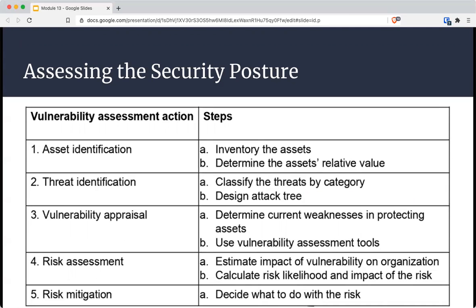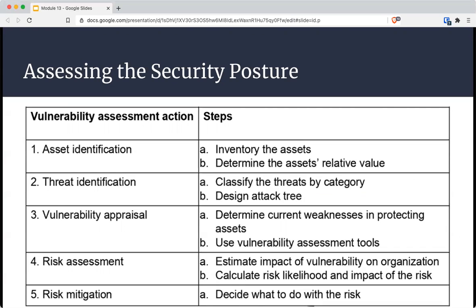Identify what assets we are going to talk about, identify the threats that tie into those assets, do the vulnerability appraisal, determining the weakness and how we're going to determine that, determine the risk of that vulnerability that we found caused by the threat on the asset, and then how do we mitigate the threat?